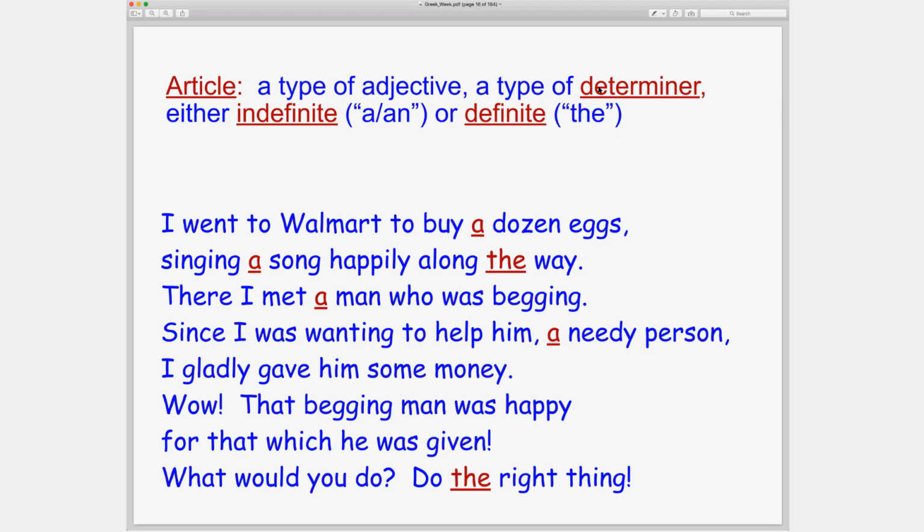The way, that's the first time we seem to introduce it grammatically, but happily along the way, it's the way because it's the way that I'm going. You already know that I am going because I said I went.